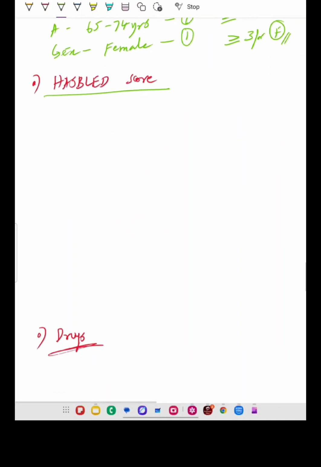So now we go to the HAS-BLED score. HAS-BLED score is used to identify the risk of bleed.